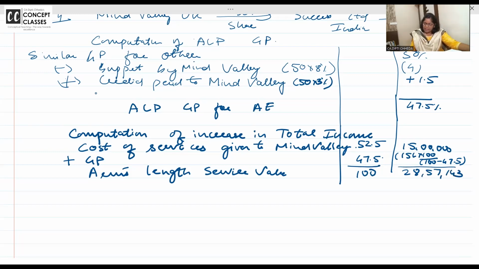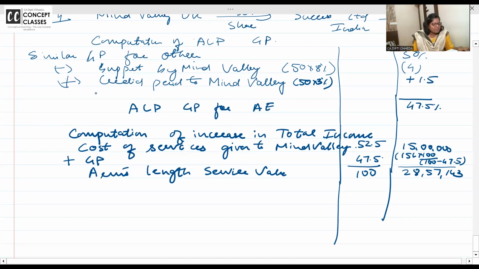57,143. See, if I am giving service to you 15 lakhs and my margin is fixed 47.5% on sales, I should have charged 28 lakhs. But how much we are charging from them?